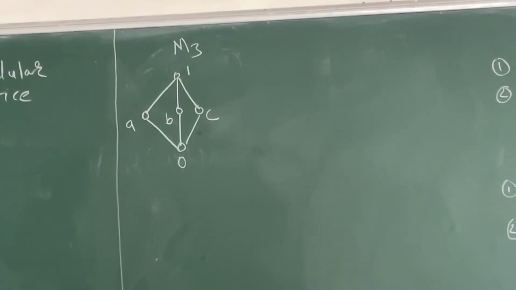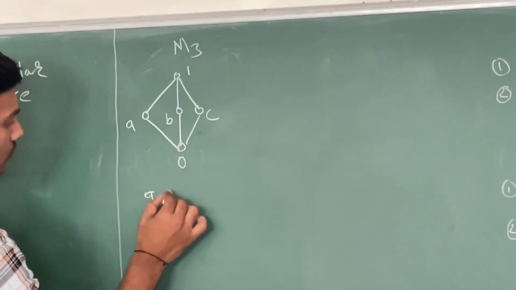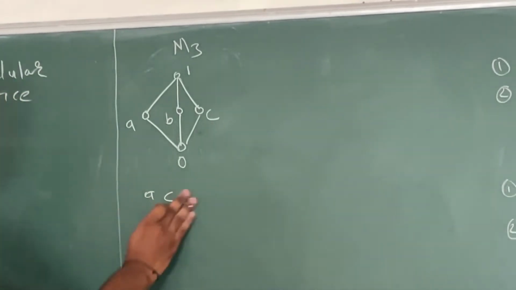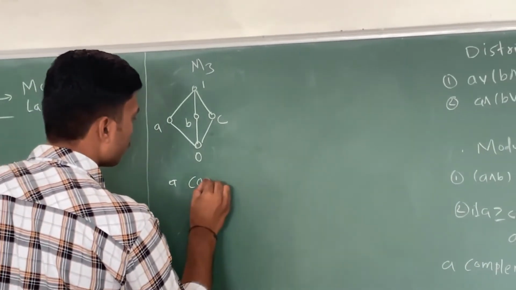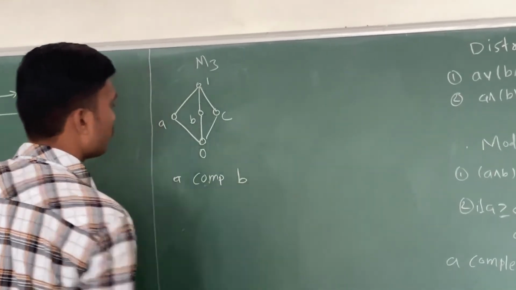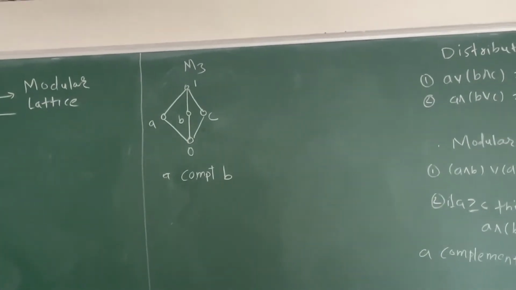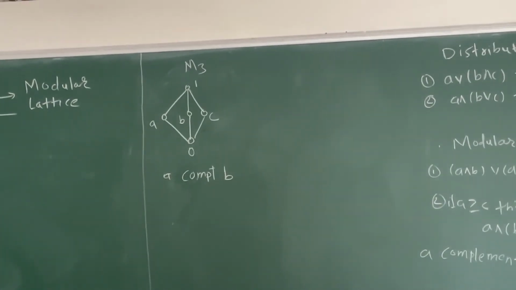No, right? Now we said A is a complement of B. And what can you say about A and C? Is A a complement of C or not? If you take their meet, it is 0 again, and if you take the join, it is 1.